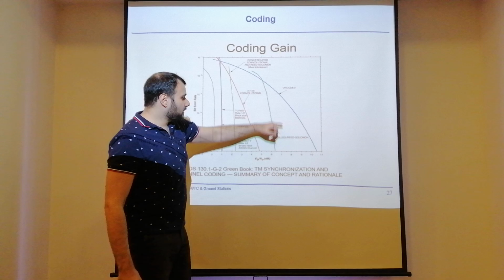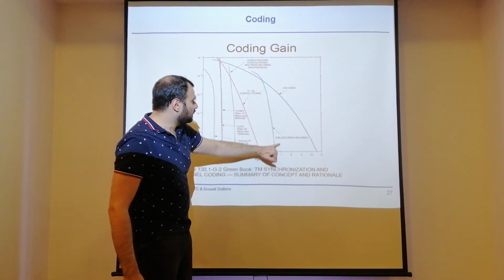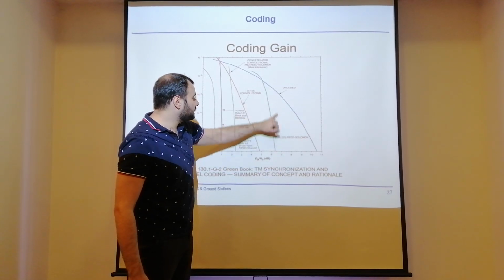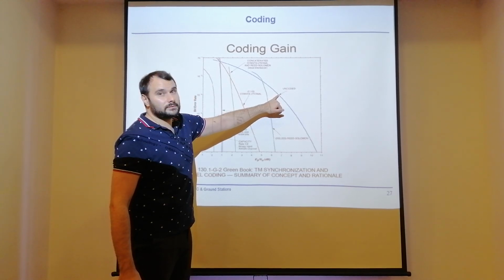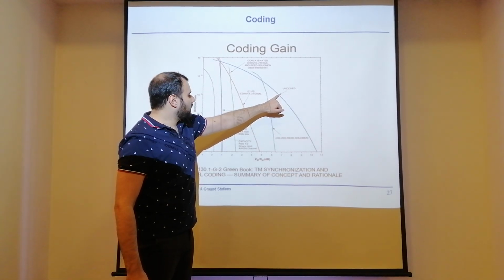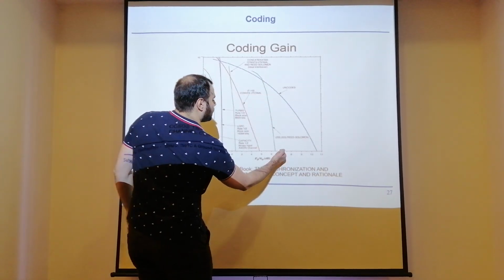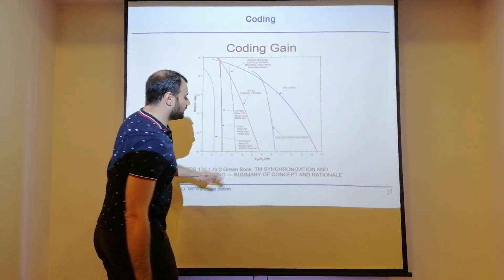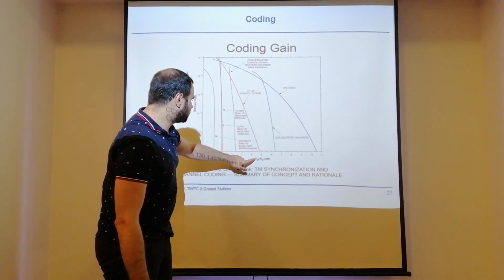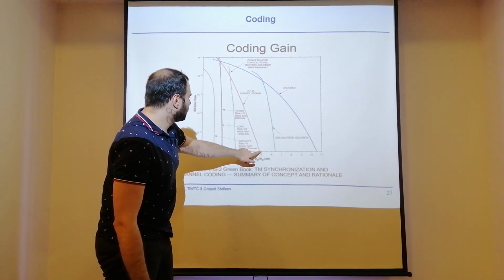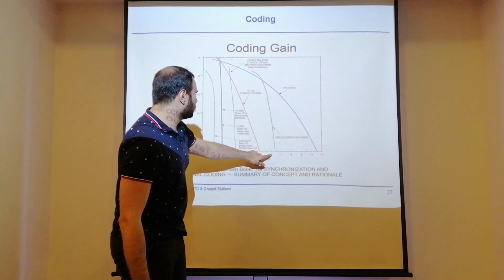Or if we have an established margin of, let's say, 7 dB, and now we introduce a coding, we should go to maybe 5 or 6.